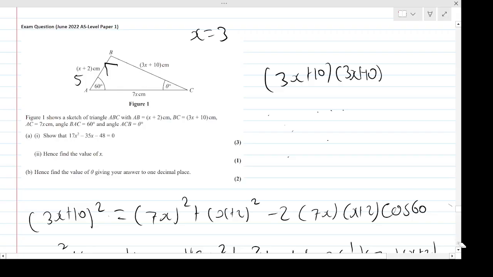Likewise, another side, say 7x. Well, that's going to be 7 times 3, which is 21. And then 3x plus 10, well, 3 times 3 is 9, 9 plus 10 is 19. So actually, I've got 3 sides, and I need to find an angle. So that is the cosine rule.